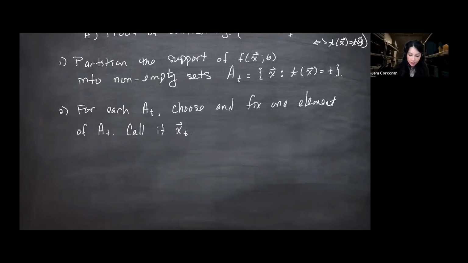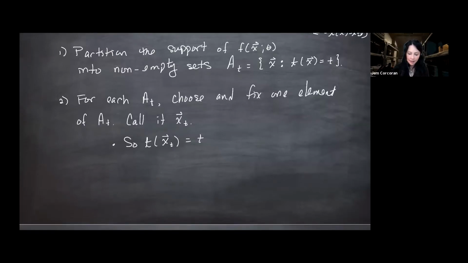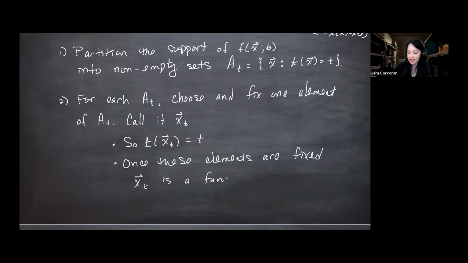Okay, so based on this choice, we have a couple of things. We have that the T function of this x sub t is equal to little t, because everything in that set goes through the function T and gives you little t. And this is just one element in that set. And we also have that once these elements are fixed, the x vector sub t is a function of t.